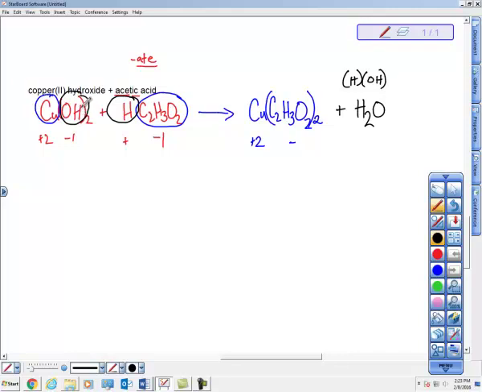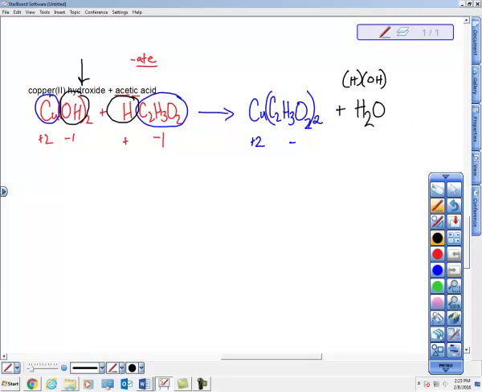And I know it seems confusing because on the left you have 2 hydroxides, huh? Yeah, but we made copper hydroxide with 2 hydroxides to balance the charge of the plus 2 on that copper, so that's why you see 2 hydroxides. But when you make the product, you're rebalancing all over again. Does that kind of make sense?